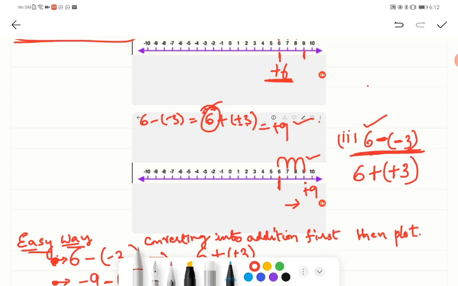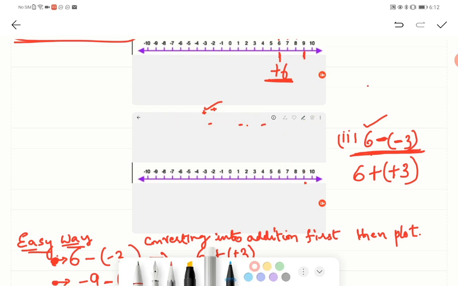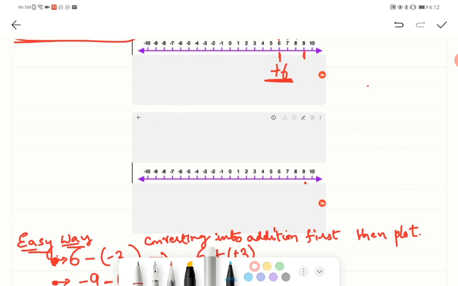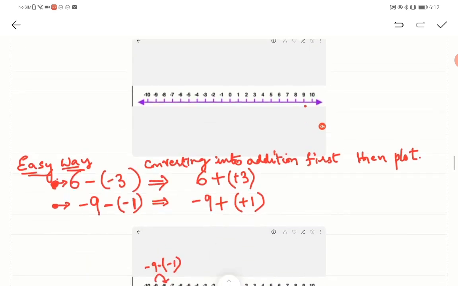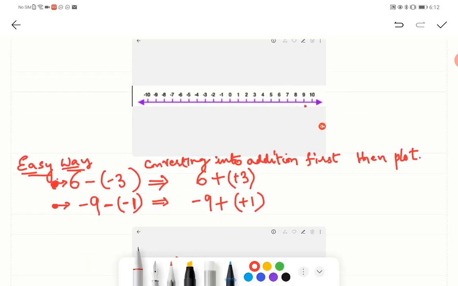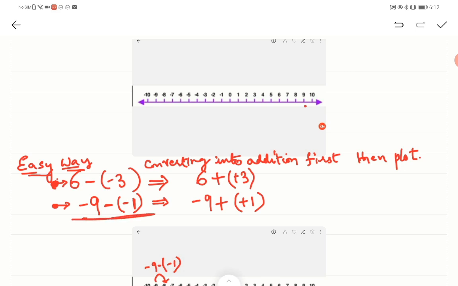Okay, let's see one more example, students, so that it should be very clear to you all. Okay, now if I take an example like minus 9 minus of minus 1.